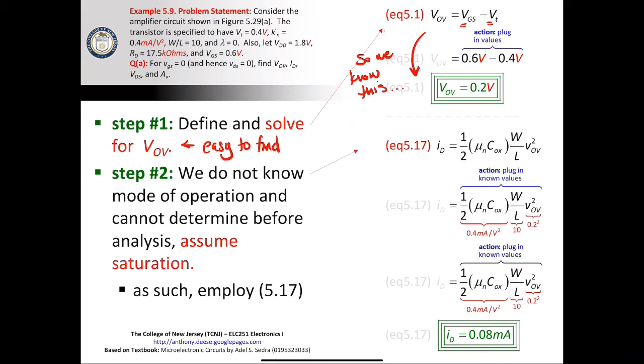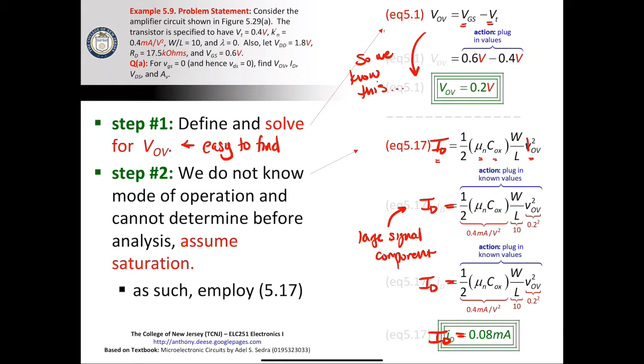To calculate the large signal component of ID, we are just going to plug in our value of VOV. We know everything else. In this part A of the problem, we're only considering the large signal component. So the large signal component of ID is 80 microamps.